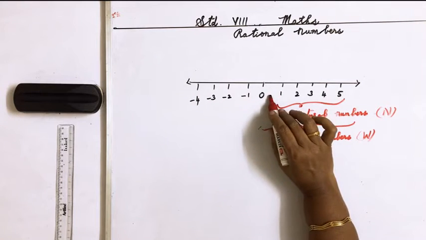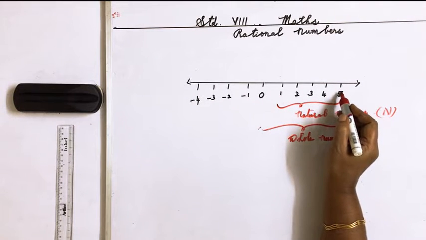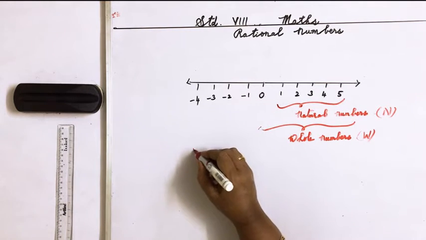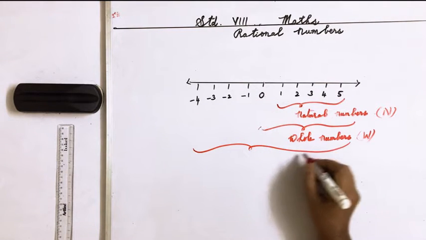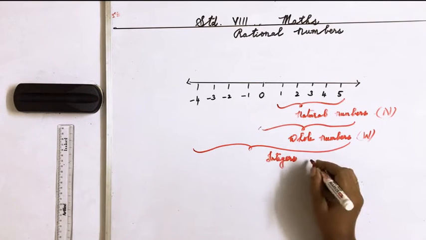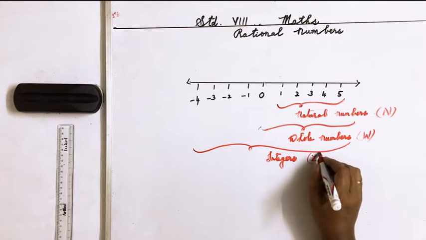The numbers on the right of 0 are called positive integers. So negative integers, 0, and positive integers together are called integers, and the letter used to denote integers is capital Z.